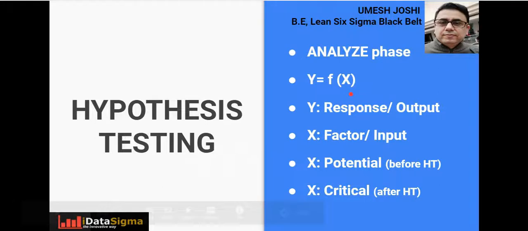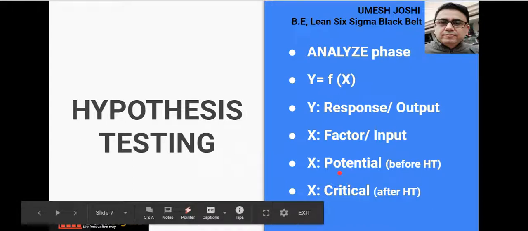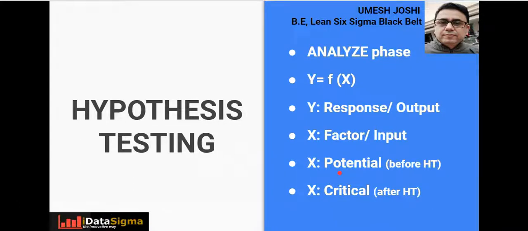where Y is a dependent variable known as the response or output of the process, and X is known as an input or factor of the process. These X factors are called potential factors till the time they are not validated.